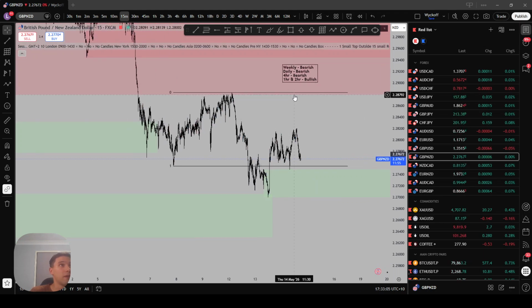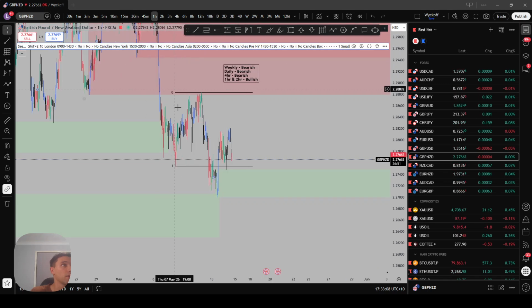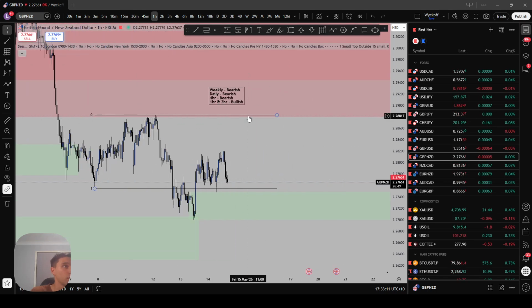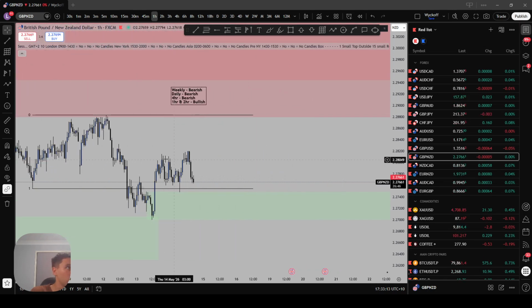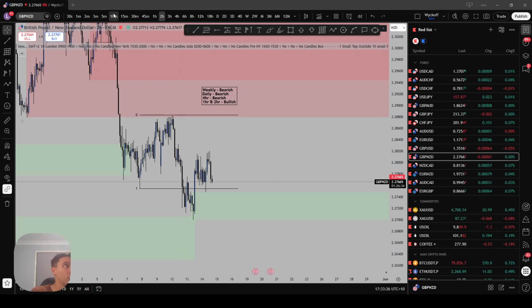Okay. This looks not bad on a GBP NZD. Yeah, we're still bullish on the 1 and 2 hour. Still bullish. This could be quite nice of an entry.